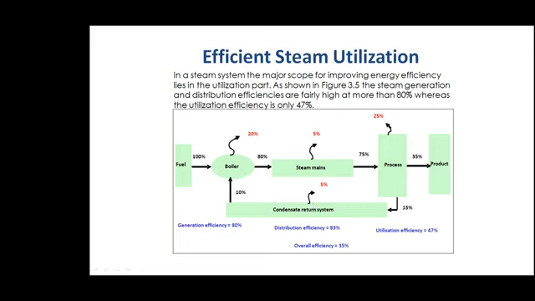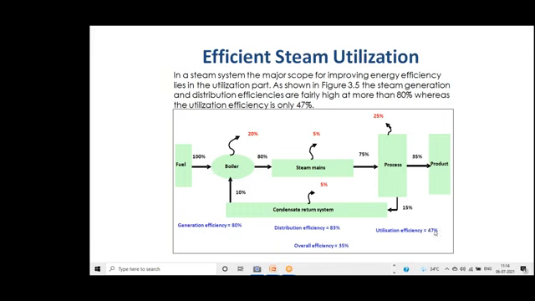So if you see the generation efficiency, 80%. Input 100, output is 80%. Distribution efficiency, 80% is coming and 75% is coming here. So this is about 83%. But the utilization efficiency, if you see, it's very, very poor. So why is the utilization efficiency only 43%?